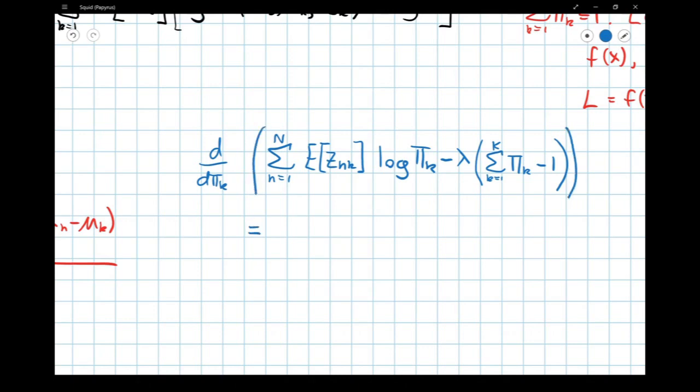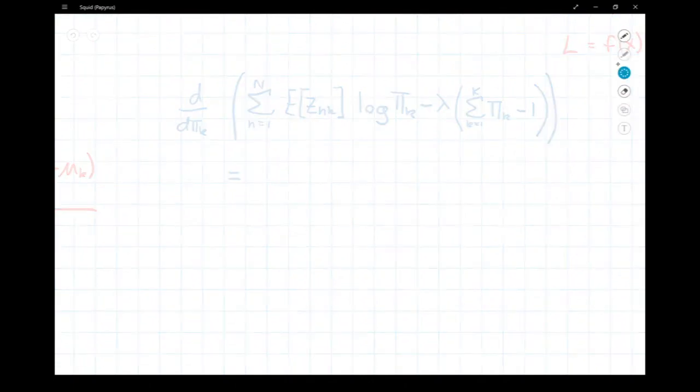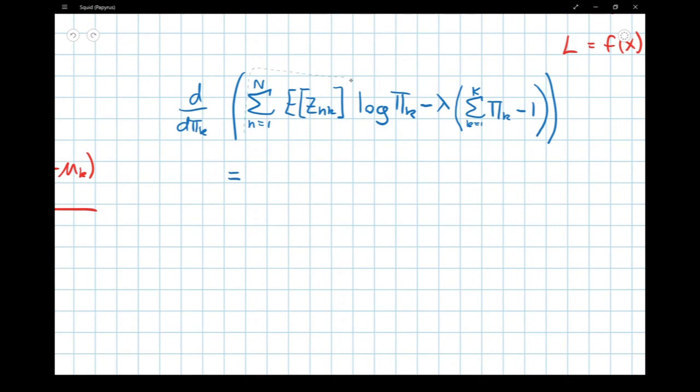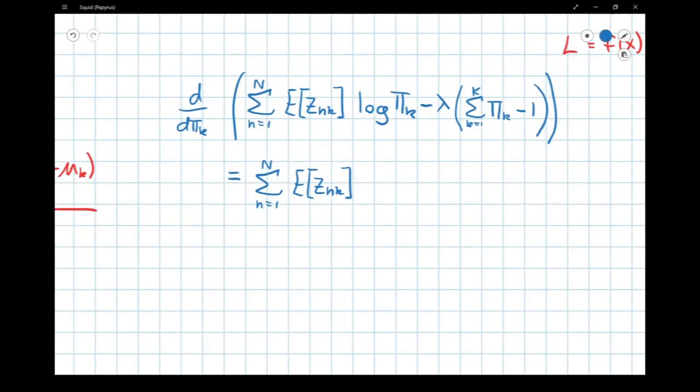And that is equal to, so we still have this summation over n of expected z_nk. We have the derivative of a logarithm, so we end up with 1 divided by pi k, minus, all of these are going to be equal to 0 except for one of them that will be equal to 1 when we take the derivative.